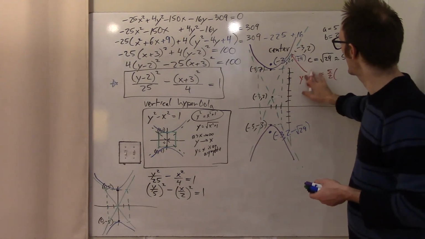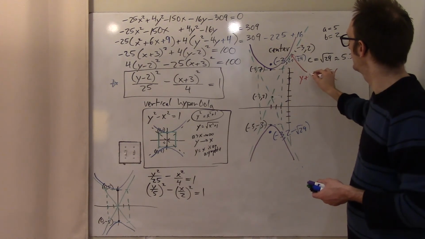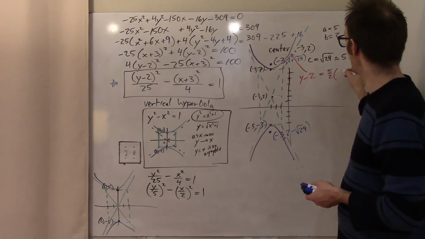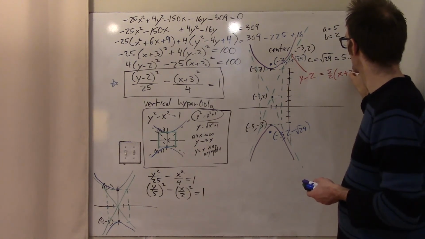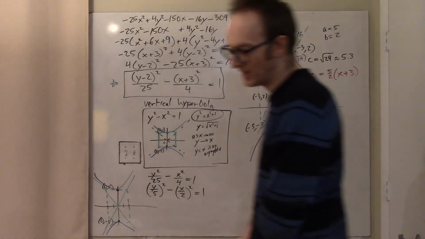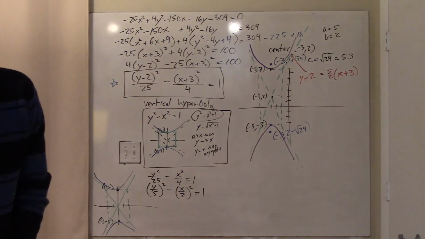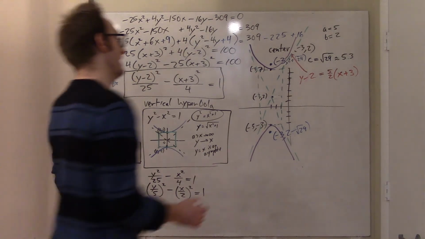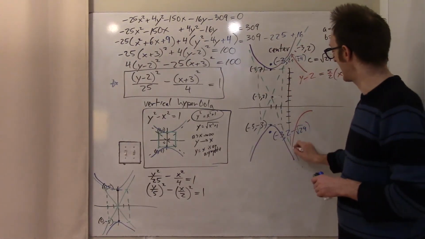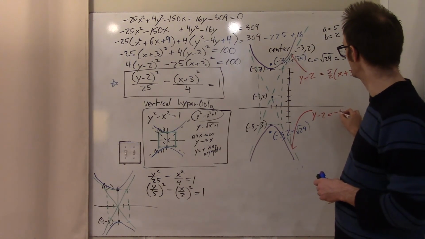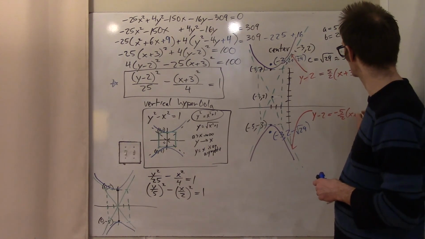So this is going to be y minus 2 equals 5 halves times (x plus 3). It's just the line y equals 5 halves x, but shifted by (-3, 2). And then this line here is going to be y minus 2 equals -5 halves times (x plus 3).